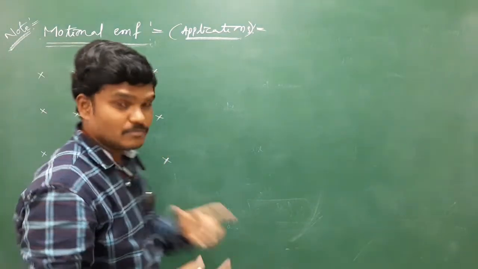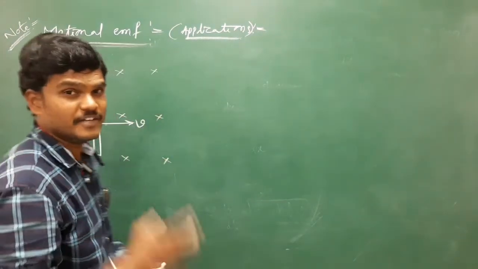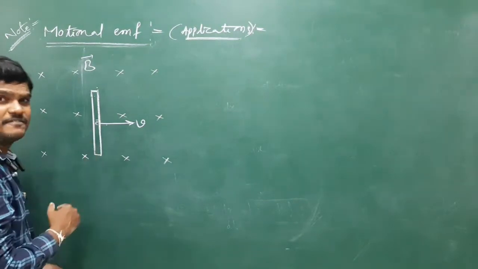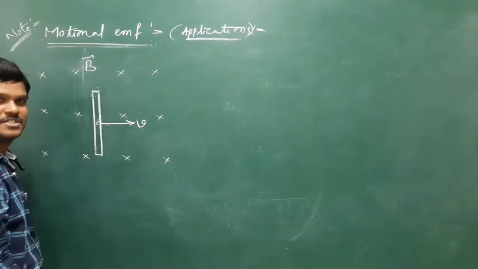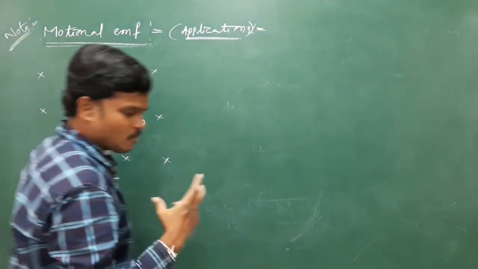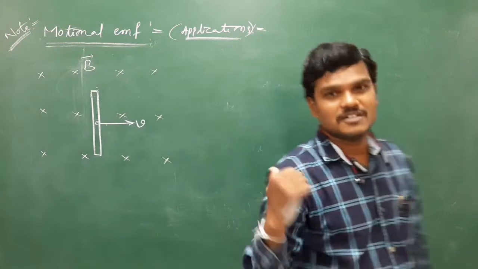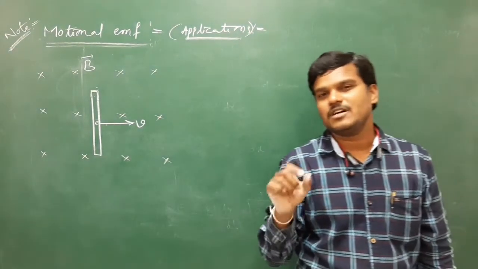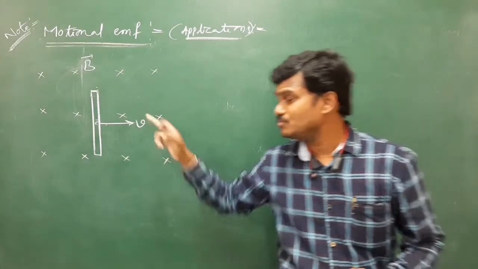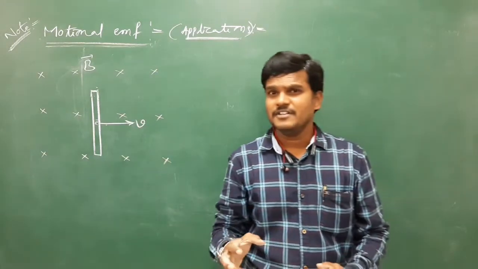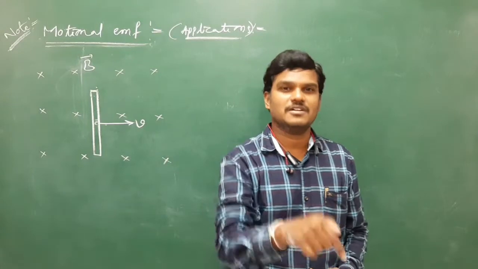Once those electrons are in motion in a magnetic field, if any charge is in motion in a magnetic field, then some force is acting on that charge. Let us see what type of force is acting on the charge. You know already, if a charge is moving in a magnetic field, then some force acts on the charge.